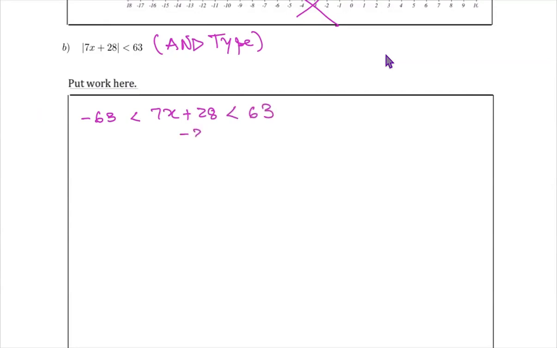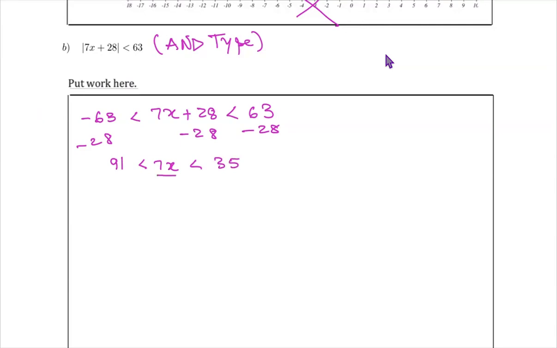We can subtract 28 on both sides of this inequality. That would give you negative 91 less than 7x less than 63 minus 28, 35.